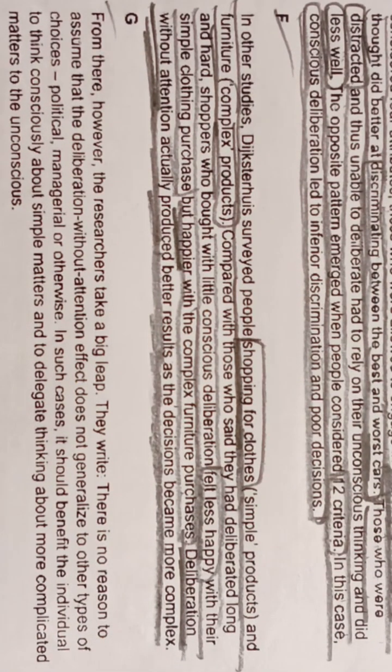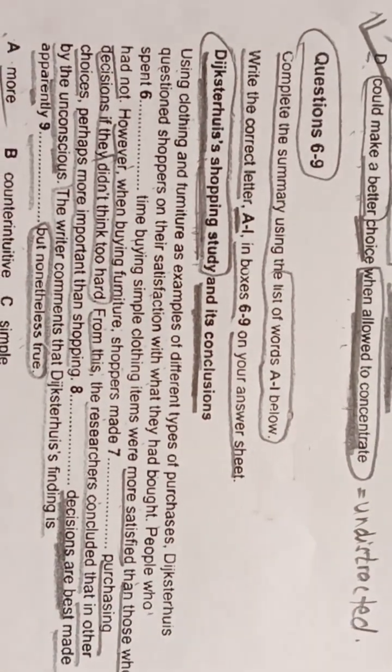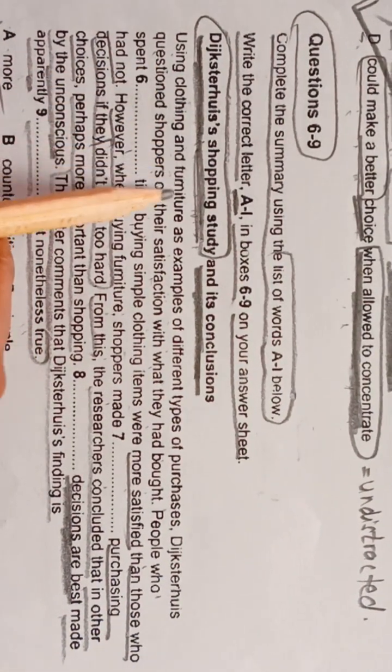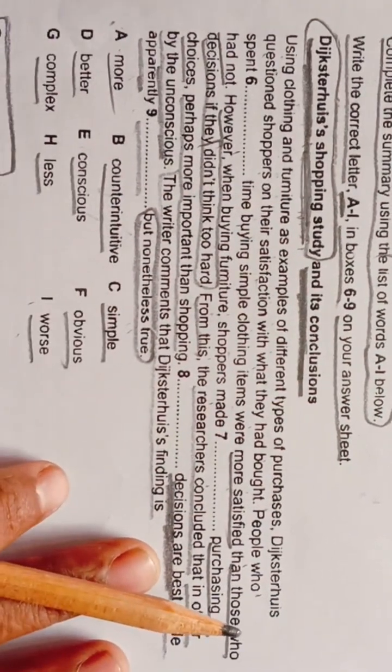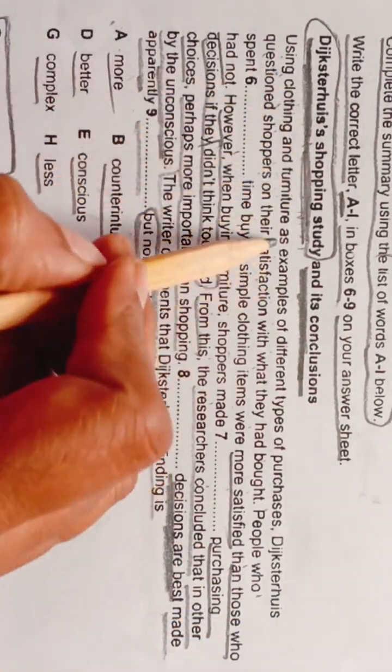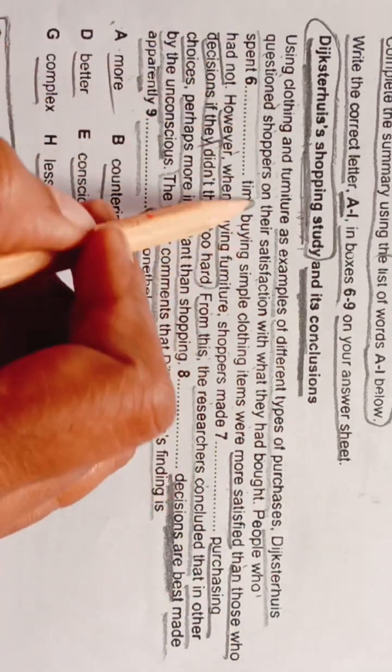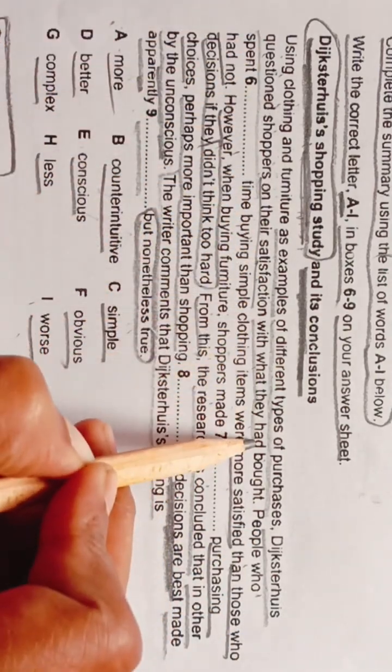So in the first, let's see, using clothing and furniture as an example of different types of purchases, the researchers questioned shoppers on their satisfaction with what they had bought.